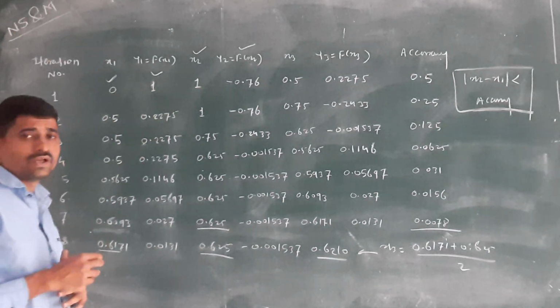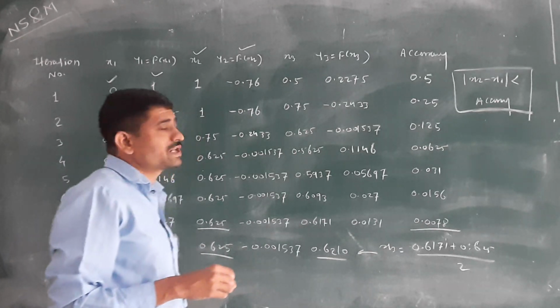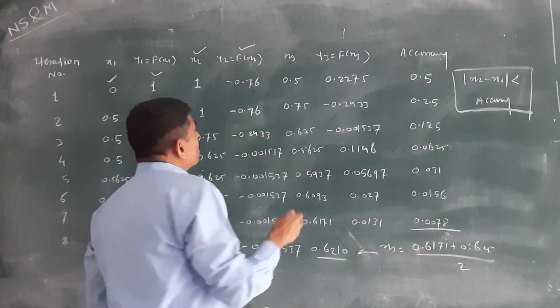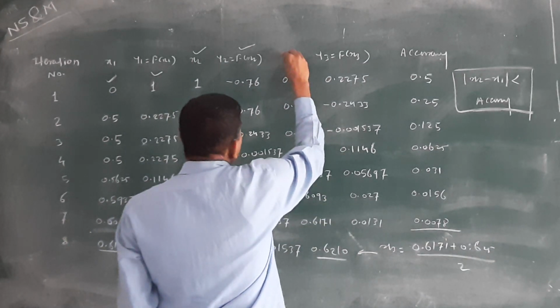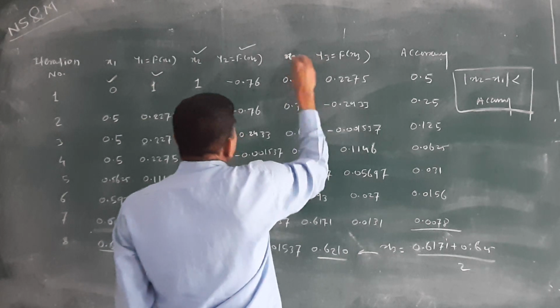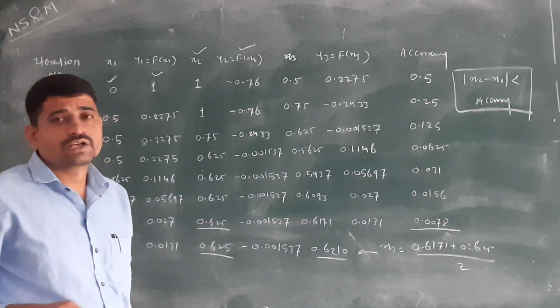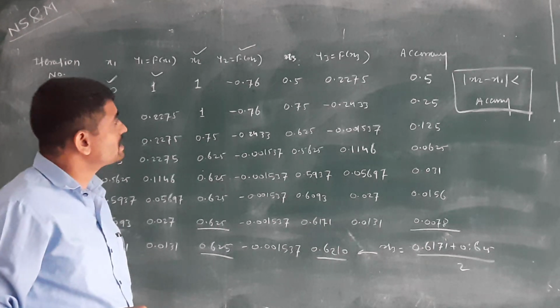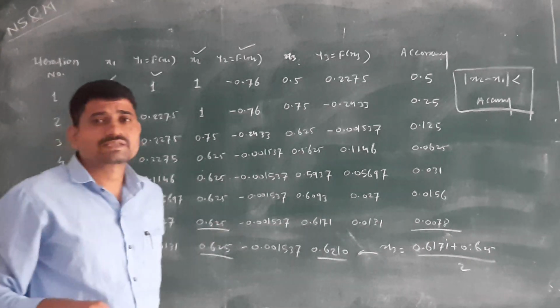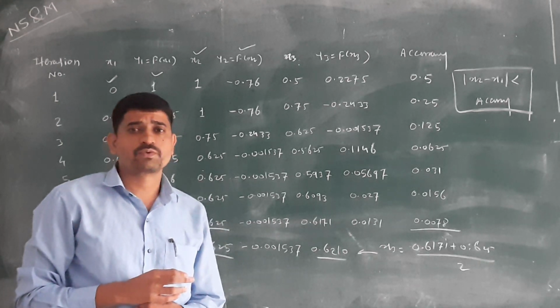Then after that, we have found the first iteration value. Which is the first iteration? Yes, we have applied step number 2, the bisection method iteration formula. What is the bisection iteration formula? x3 is equal to (x1 plus x2) divided by 2.